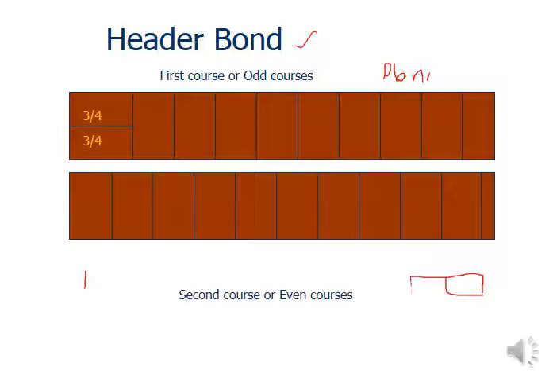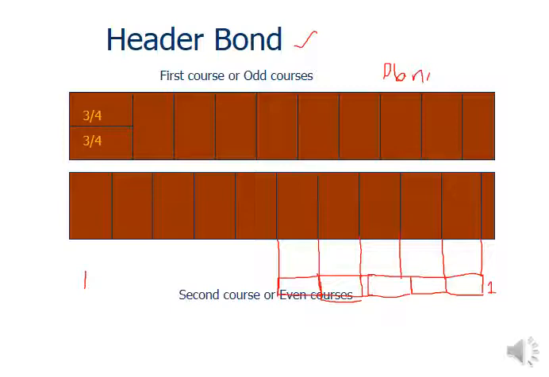If you see from the front side, just below that, now above that, this is the even course.